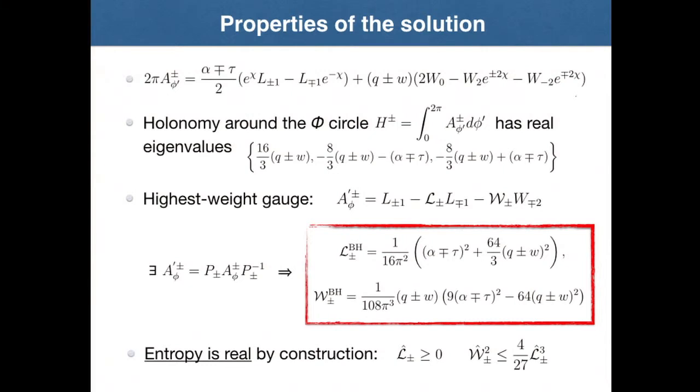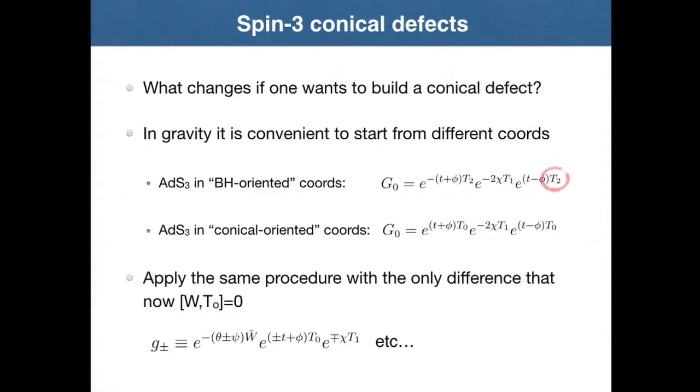The nice thing of this parameterization is that it allows you to satisfy the relations between the charges that you expect to have in a black hole solution. These relations can be obtained by asking that the entropy is real. In this case, they are produced by the procedure of identification of points. So it seems that we are going in the right direction.